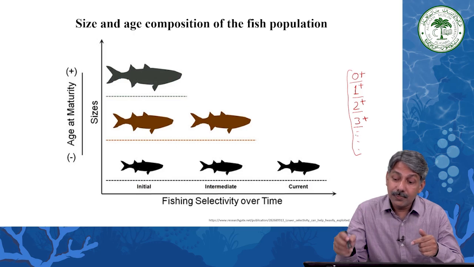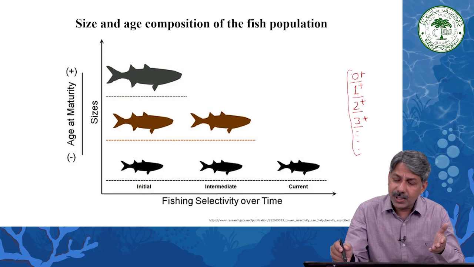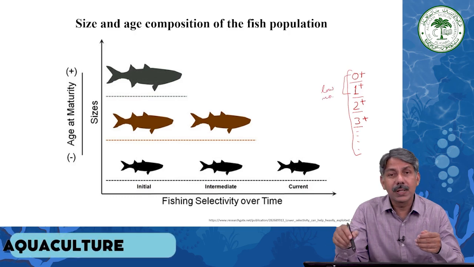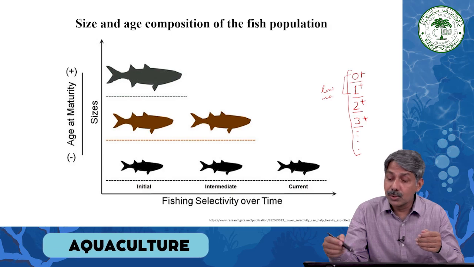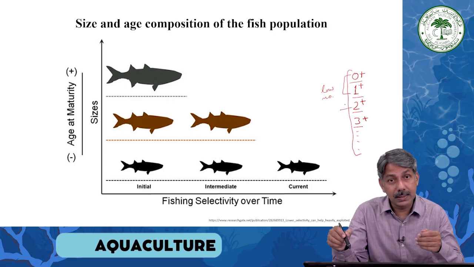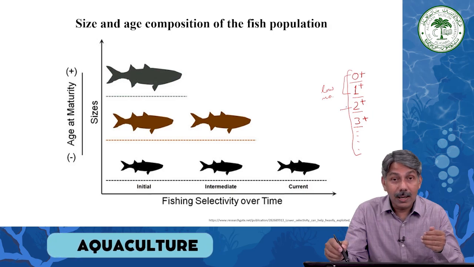And if, for example, overfishing has been done, and you get very low numbers of the 0+ and 1+ age group, and the fish is usually breeding at 2+ age group, then what will happen?